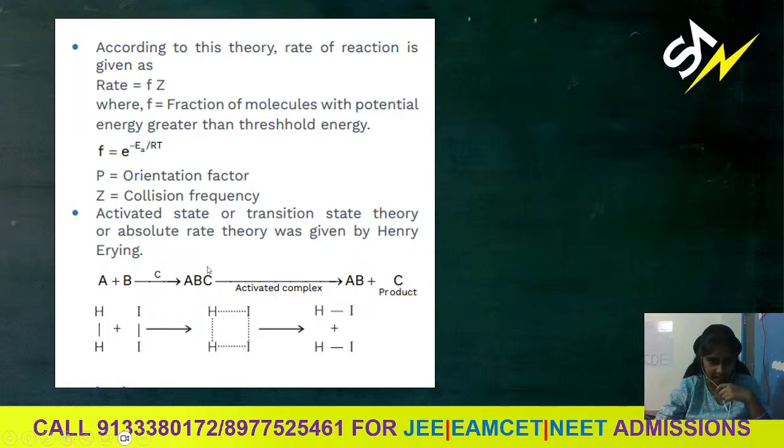ABC is the transition state, which is forming the activated complex. On further reaction, it forms AB separately and C separately, which gives the required product. Here we can see in the picture the H-H and I-I showing successful collisions, forming the products HI and HI.